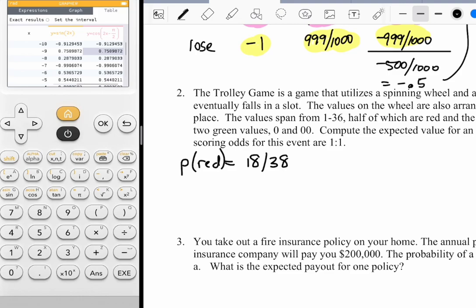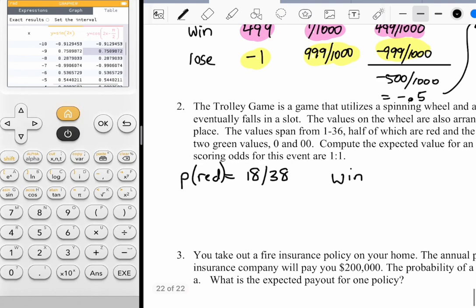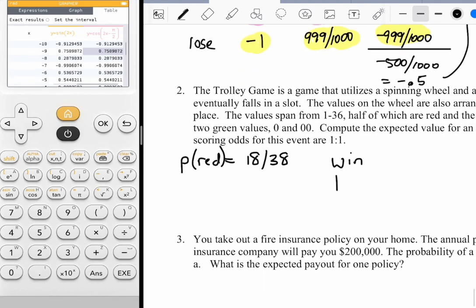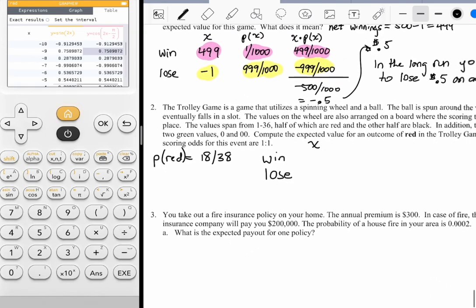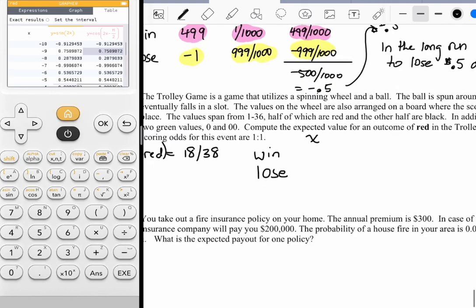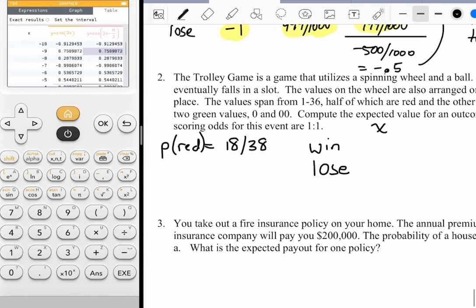So the possibilities are that we could win or we could lose. Now it says compute the expected value for outcome of red in the trolley game. The scoring odds for this are 1 to 1. So that means whatever I wager, I'm either going to win that amount or I'm going to lose that amount.